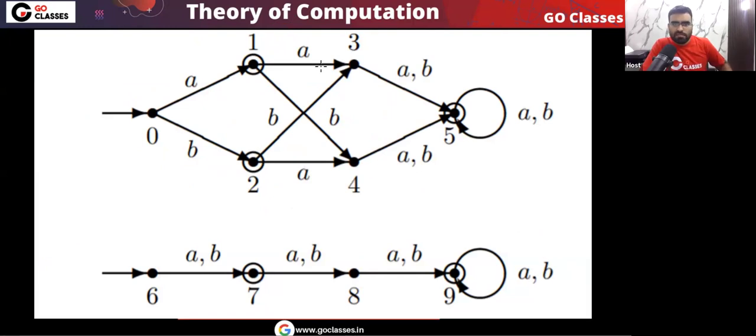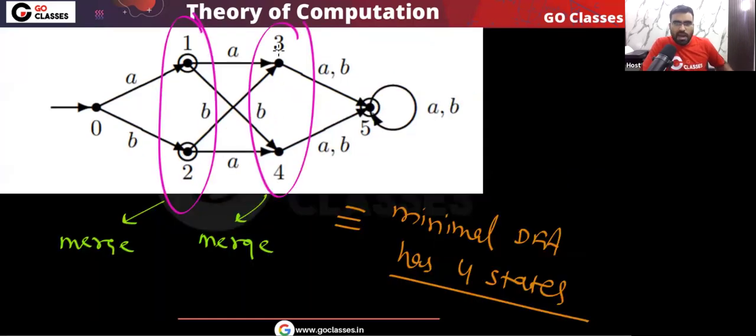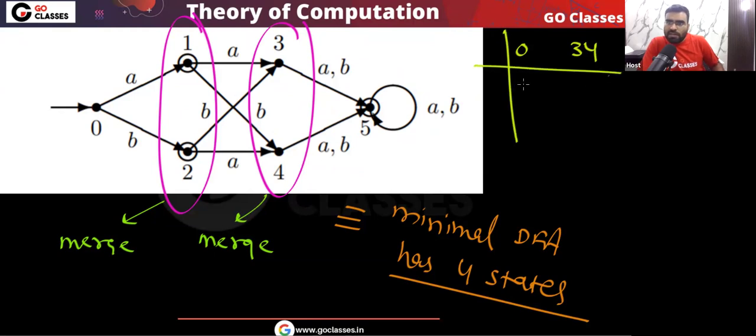A student is asking, can we merge 0 after merging 3 4? See, after merging 3 4, are 0 and 3 4 equivalent?